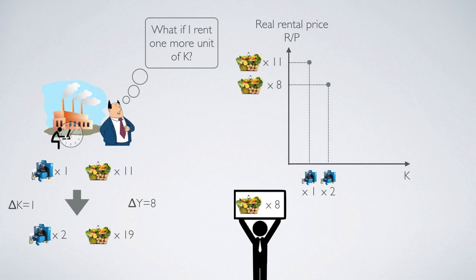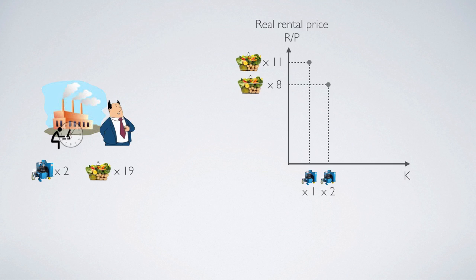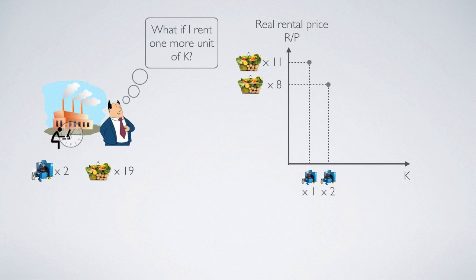But remember, any price below 11 is definitely a good deal to hire the first unit. Therefore, the price that he is willing to pay to hire 2 machines is actually 8. Actually, that will be the maximum price. So when the price is 8, he will not only hire the second unit, of course, he will still hire the first unit. And this kind of marginal input hiring decision will be continued nonstop.